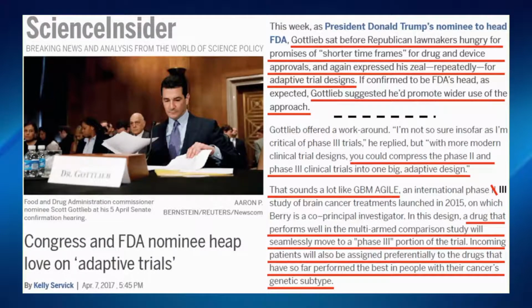And she said repeatedly his zeal for adaptive trial designs. In one instance, he was describing an answer to the question: we'll have a phase 2 part, and then we'll morph into a bigger trial if it turns out that the data are good. And she said in this article, it sounds a lot like GBM Agile, and it is.